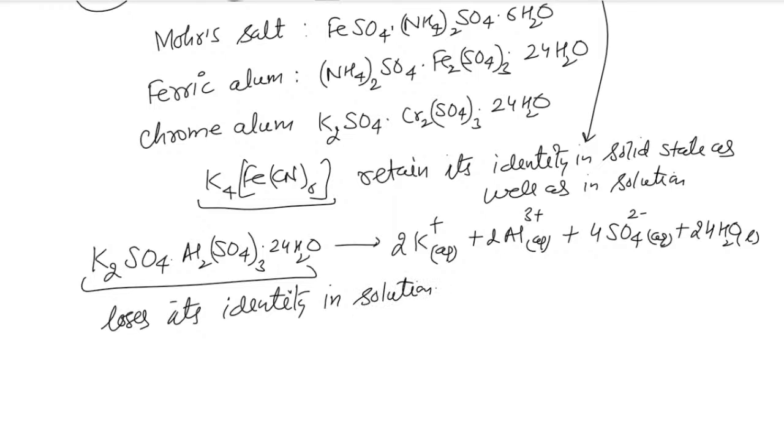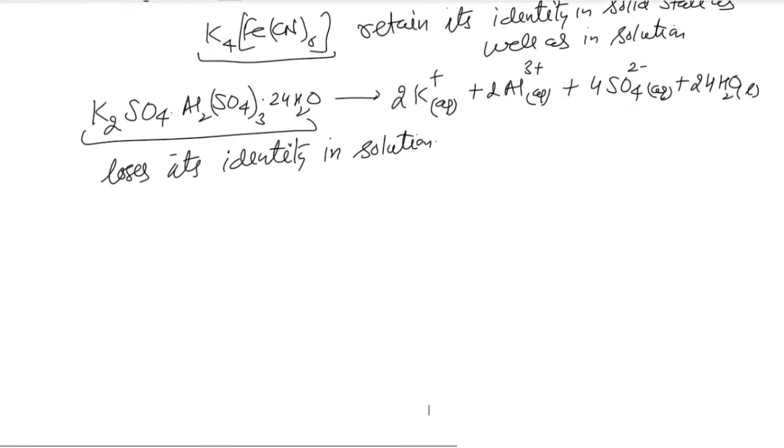Okay. So I think you got the idea what is the difference between a coordination compound and double salt. Both are formed by mixing two or more salts and evaporating to dryness. But one retains its identity in solid state as well as in solution state, but double salt loses its identity.